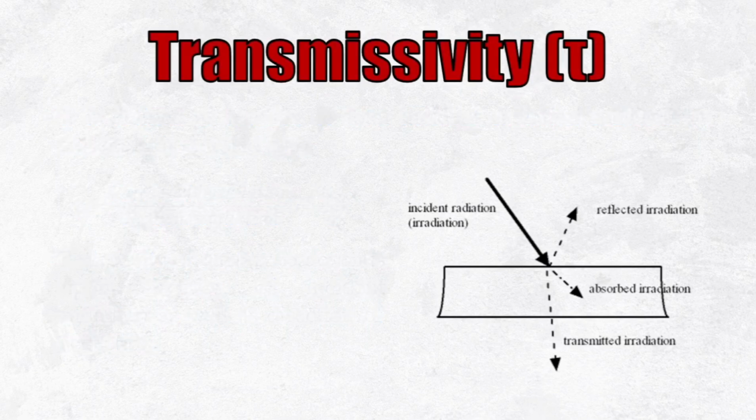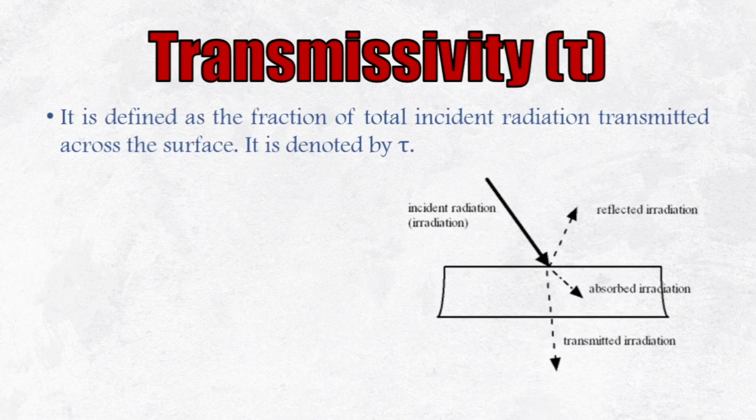Now next definition is transmissivity. Transmissivity is denoted by tau. It is defined as the fraction of total incident radiation transmitted across the surface. Okay, so when radiations fall on the surface, a few radiations can be transmitted through that surface.